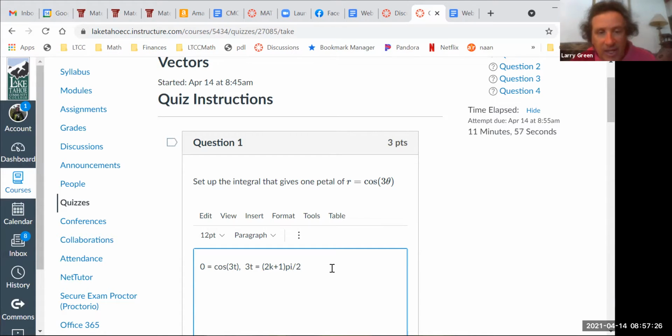Okay, so if you list them, if k is 0, then we have 3t is equal to pi over 2. And if k is 1, that's the next one, 2 times 1 plus 1 is 3, so 3t is equal to 3 pi over 2.